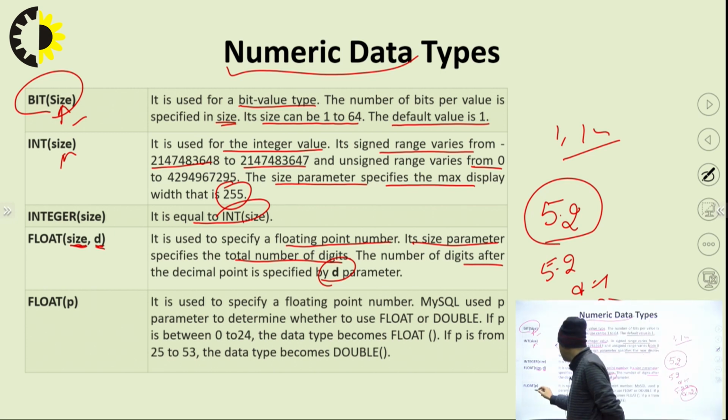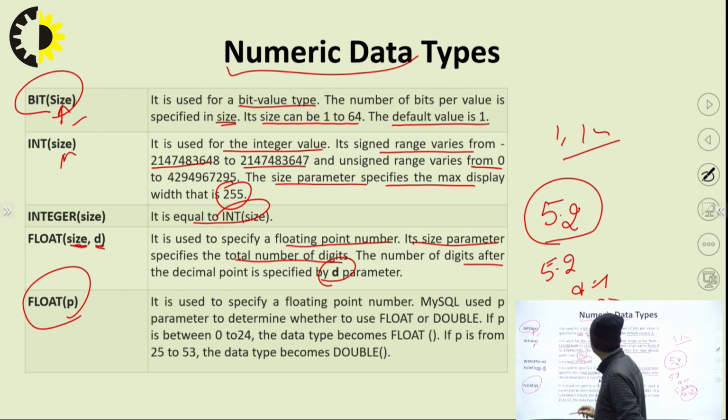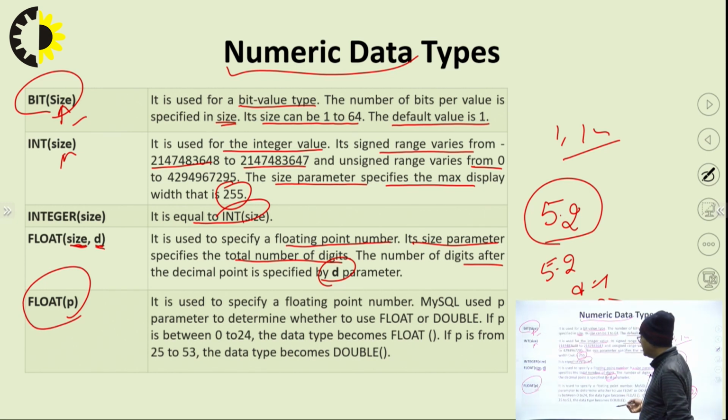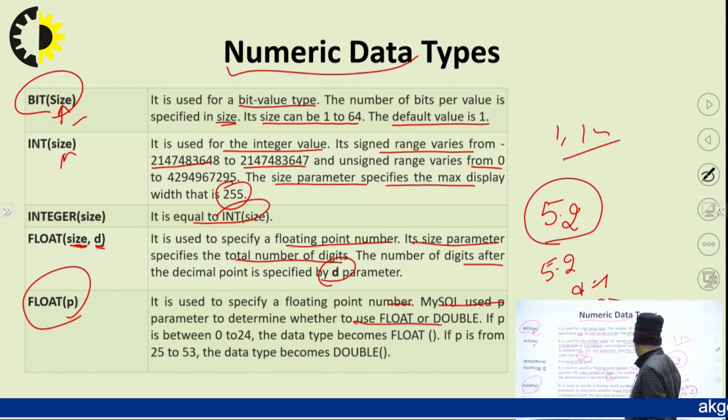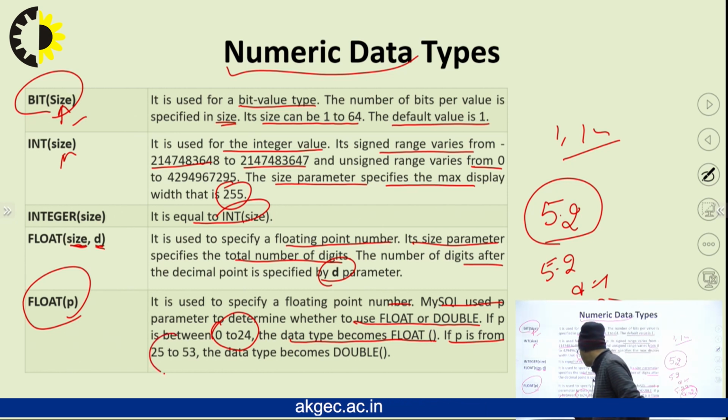And FLOAT(p), this is another numeric data type. It is used to specify a floating point number. MySQL uses the p parameter to determine whether to use FLOAT or DOUBLE. If p is between 0 and 24, then the data type becomes FLOAT. If p is from 25 to 53, then the data type becomes DOUBLE.